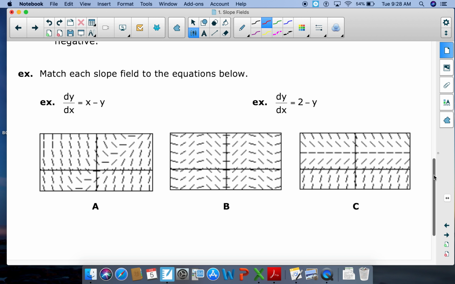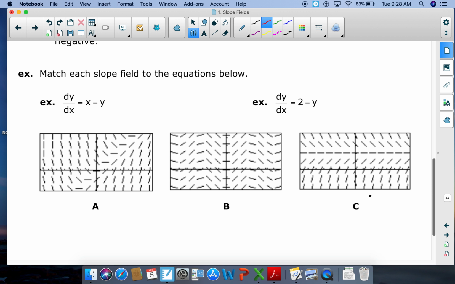Okay? How about this one? In terms of y only. Right? So this is an easy one to kind of match up because this is in terms of x and y, isn't it? Which is the only slope field that's in terms of x and y. Isn't that what we said? Did anybody make a note as to what I said as I was saying it?